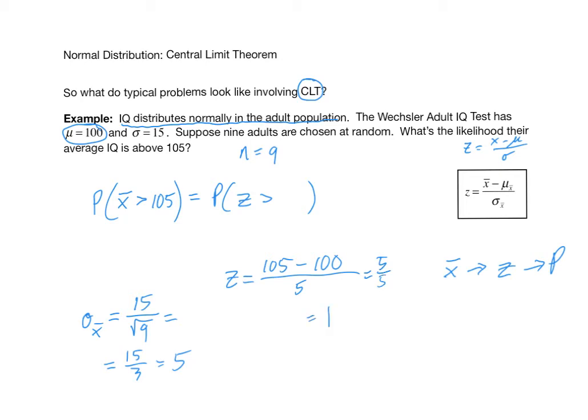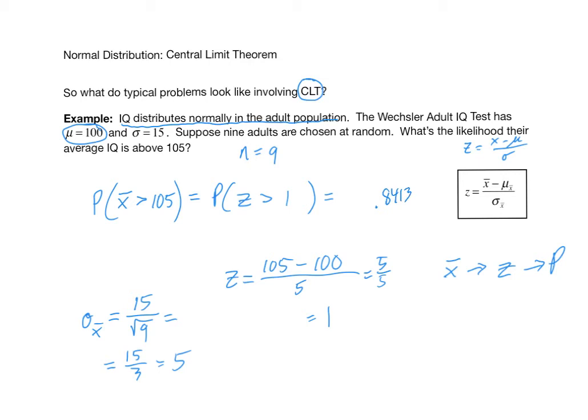The question of what's the likelihood that x bar is greater than 105 is the same thing as what's the likelihood that z is greater than 1. Now, once we've converted from x bars to z's, we can use the standard normal distribution table to find out what this probability is. According to the table, the likelihood of z being less than 1 is 0.8413.